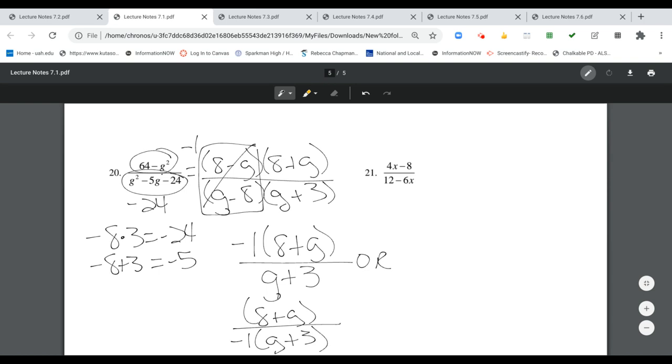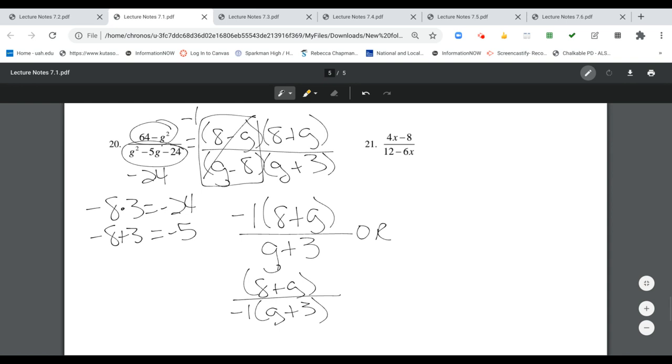Both of these are acceptable. The catch is that negative 1 can only appear one time. So it either goes with your numerator or you put it in the denominator. Now, I always put it in the numerator. That way I don't ever get confused. So when I cancel opposites, my negative 1 always goes in the top and it gets multiplied by whatever is left, if there is anything left.